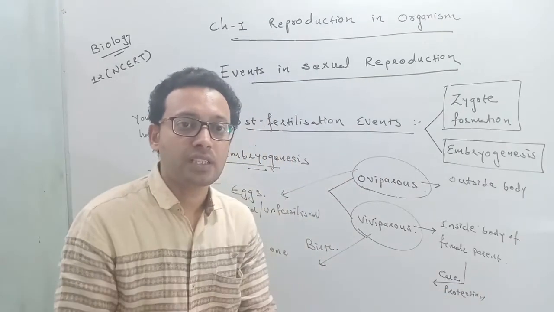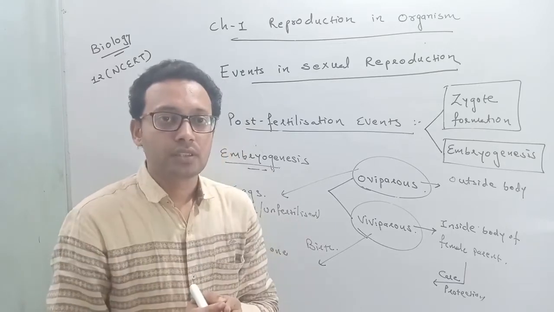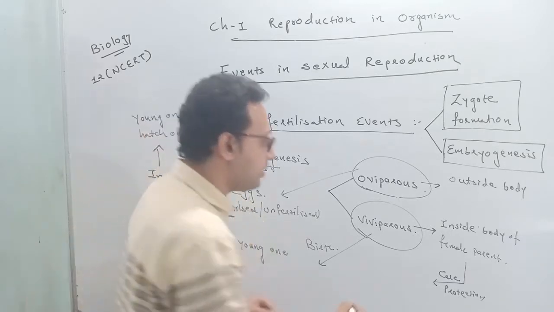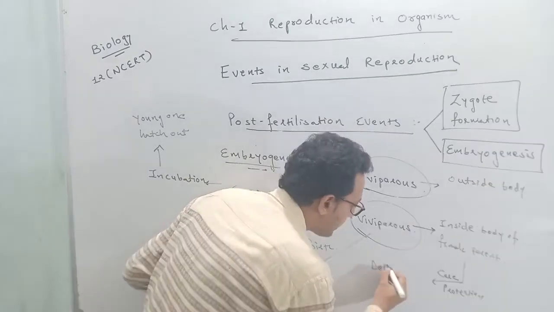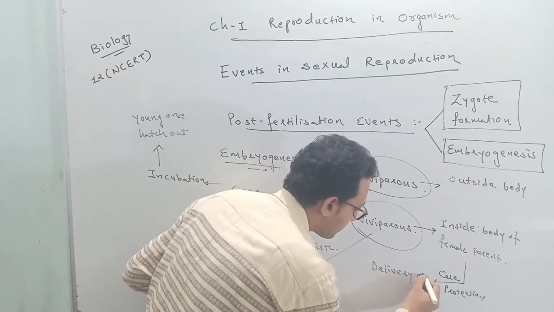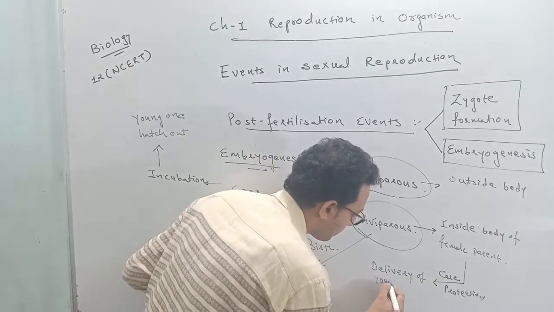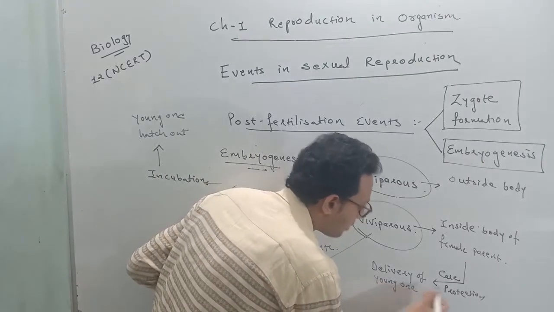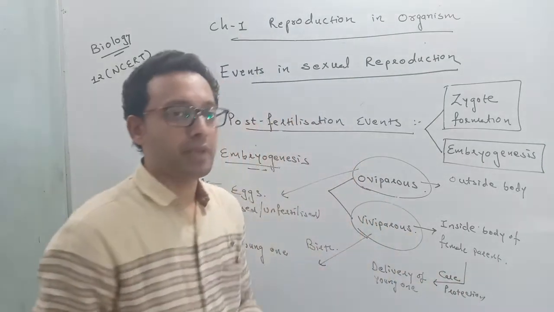And after a certain period of growth, the delivery of the young one takes place. This is what happens in viviparous animals.